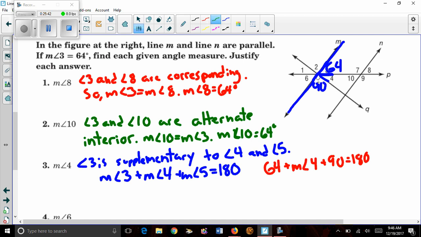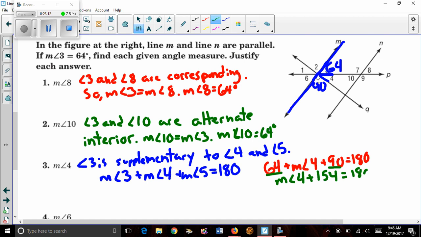We can add these two pieces together to give me that the measure of angle 4 plus, let's see, we should easily find that 64 plus 90 is 154 equals 180.